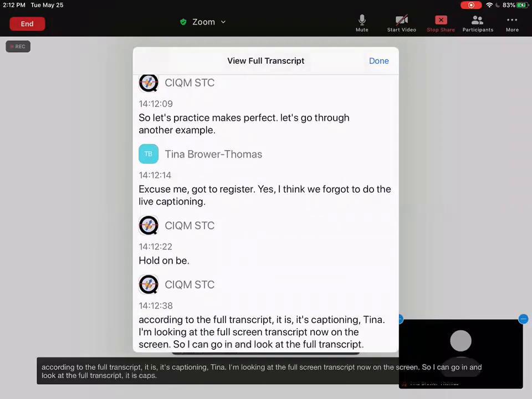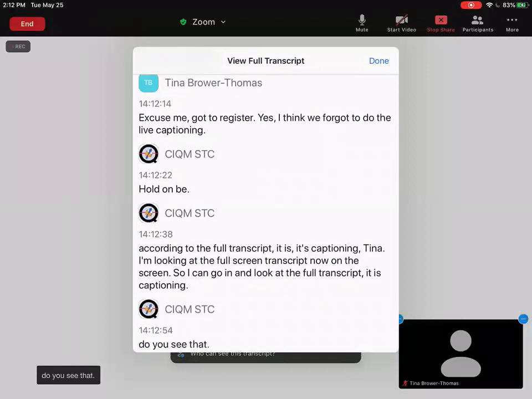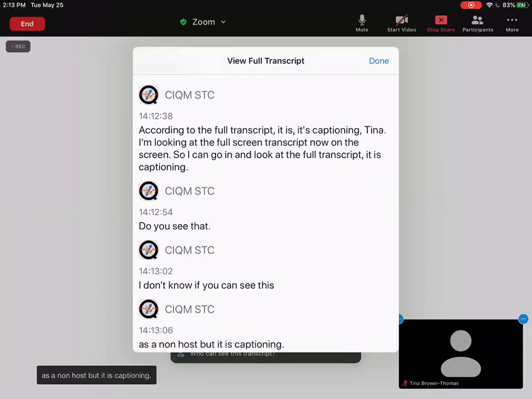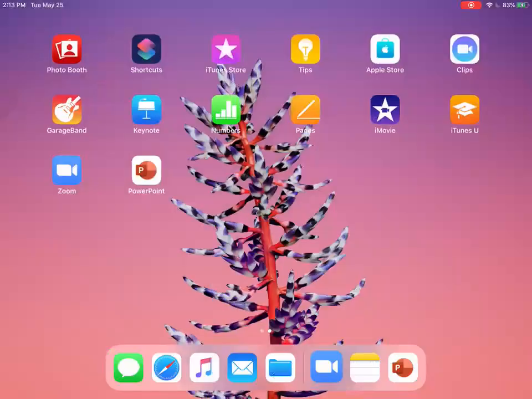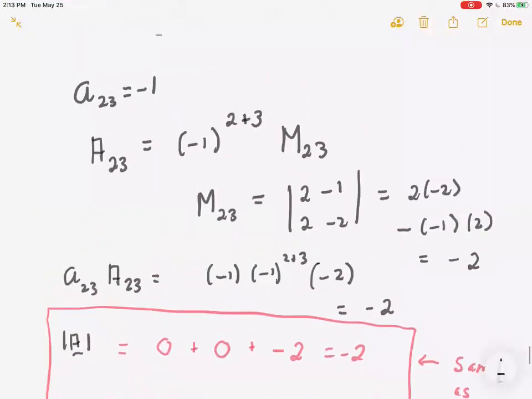It is captioning. Do you see that? I don't know if you can see this as a non-host, but it is captioning. Tina? Okay. I see it now. It wasn't. It's working. It's been working at my end. Okay. All right. So where were we?